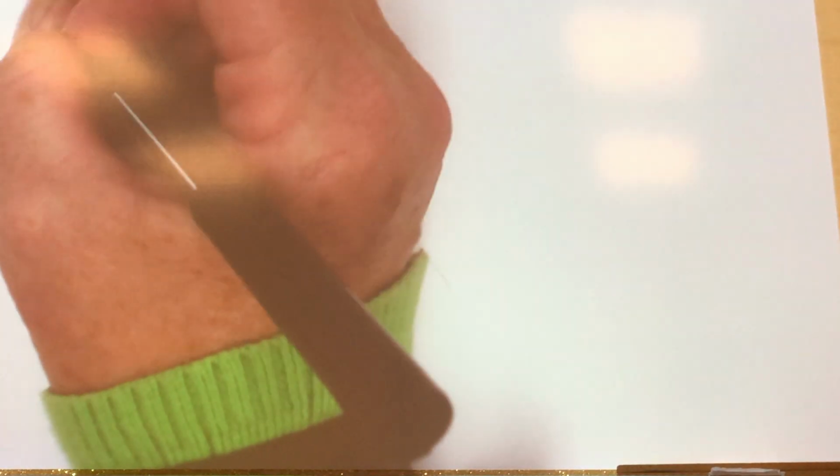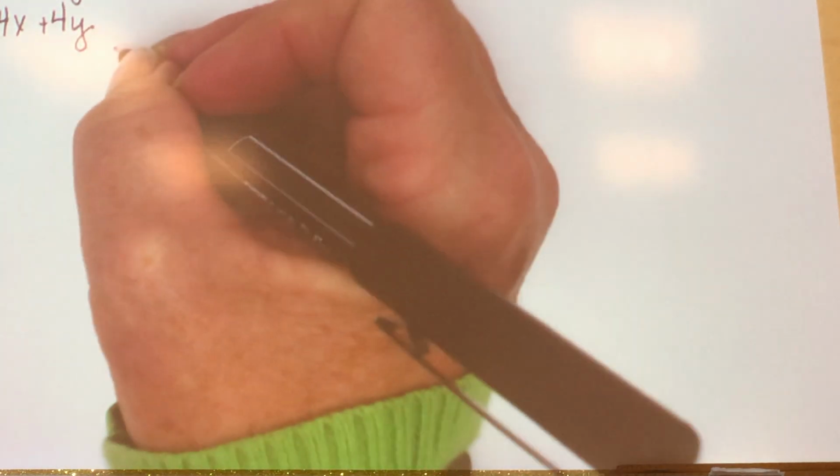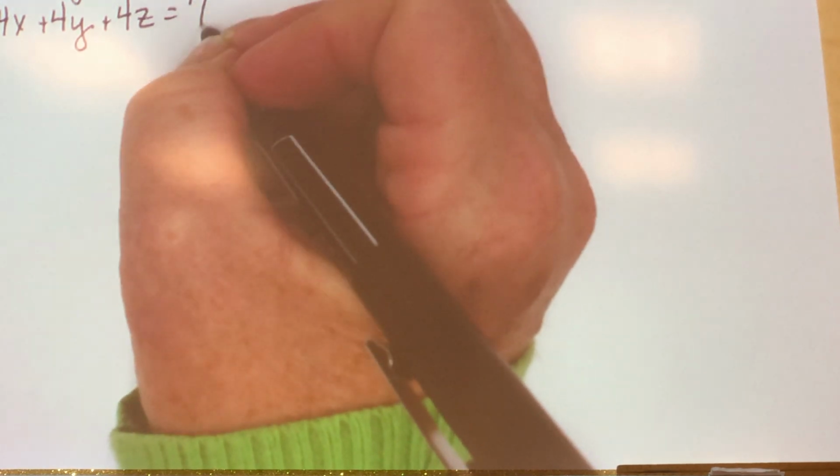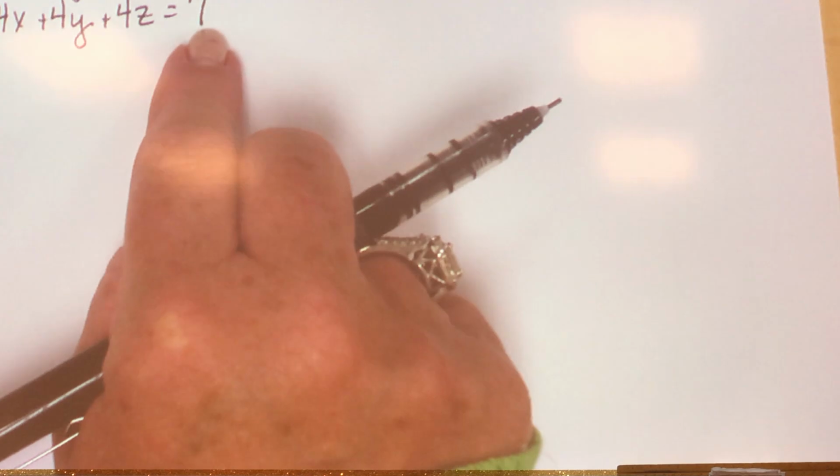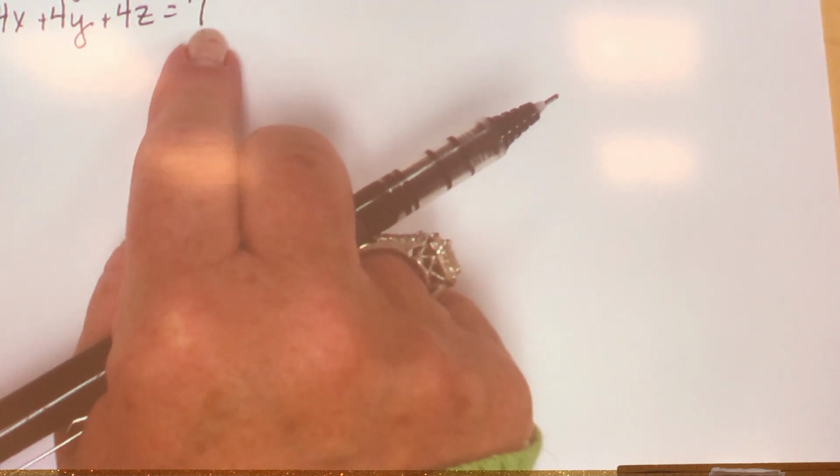x plus y plus z equals 3. Okay? All right, you ready? Here's the next one. 4x plus 4y plus 4z equals 7. Now let me tell you a secret. If this had been an 8 right here, what would I have done?